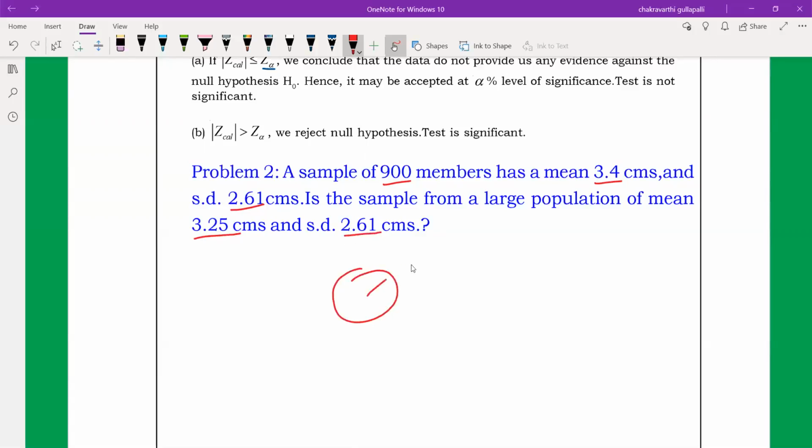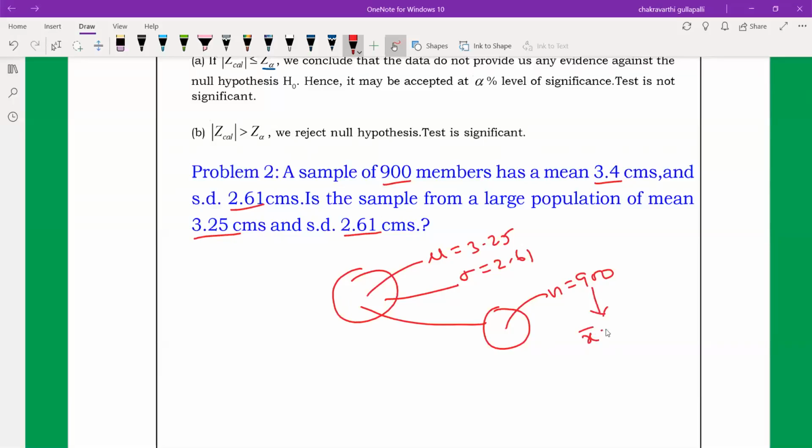So for this population, the mean value mu is equal to 3.25, and the population standard deviation is 2.61. Now a sample is drawn from here. The sample size n is equal to 900. Based on this, the sample mean x bar is equal to 3.4, and the standard deviation 2.61. Is this sample drawn from this population with mean 3.25 and standard deviation 2.61? That is our investigation.